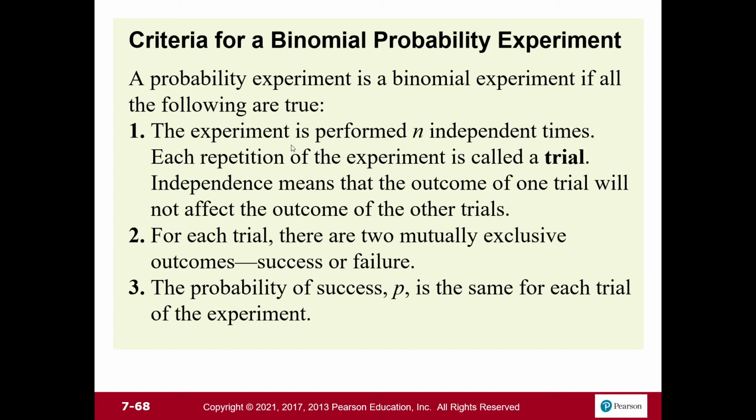The experiment is performed in independent trials. Each repetition of the experiment is called a trial, and independence means that the outcome of one trial will not affect the outcome of the other. For each trial, there are two mutually exclusive outcomes, success or failure, and the probability of success p is the same for each trial of the experiment.